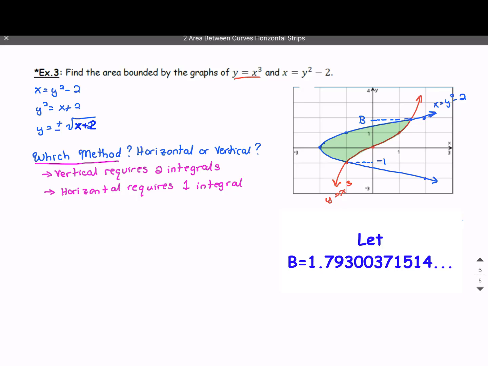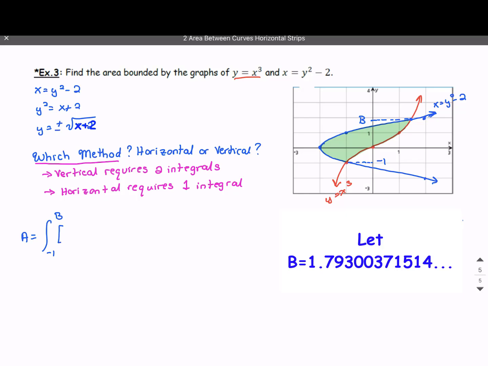Okay, so we decided we're going to use the horizontal method because we'd only need one integral. So we're working in terms of y, which means we have the integral. Our y's go from -1 up to b, and make sure you have this written down so they know when they're grading your AP what that is.